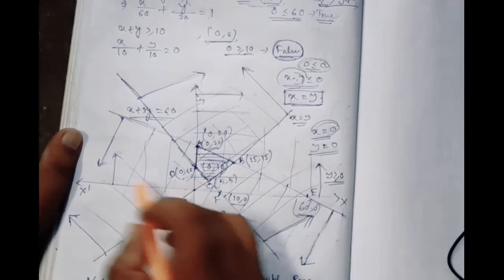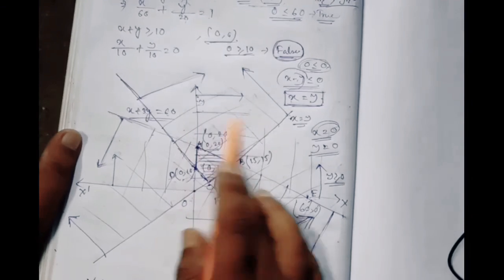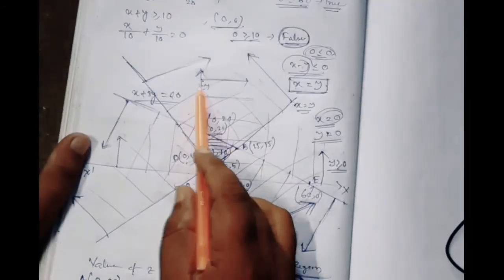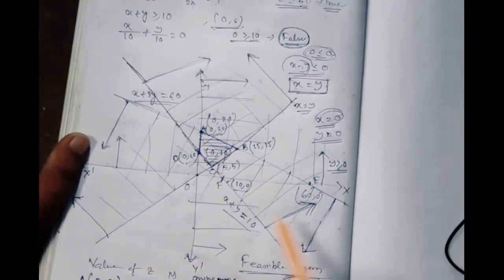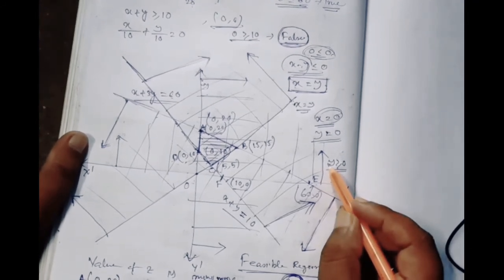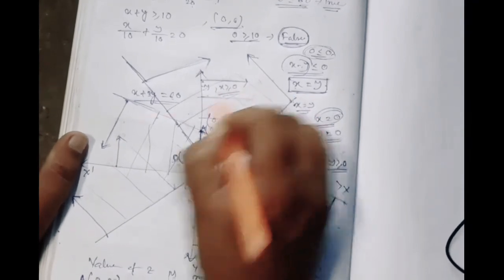So the region should be there, that is the positive direction of x axis and y axis. So we have just shaded the region corresponding to that. Hope you understood it. And this is for y greater equal to 0, and this region for x greater equal to 0.